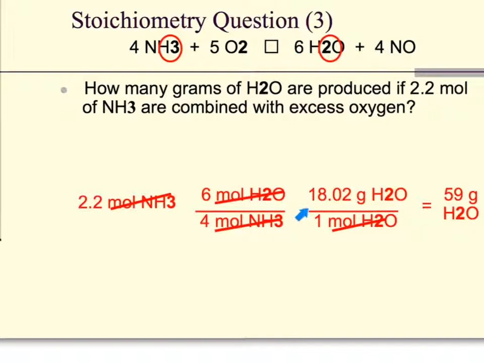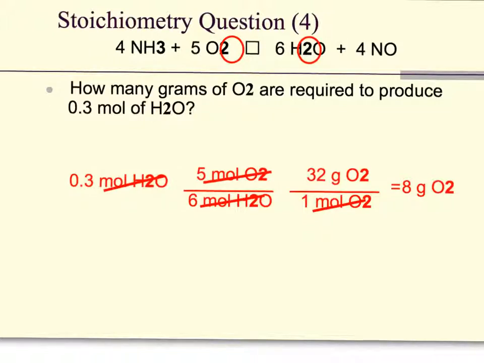We multiply that times the weight of water from the periodic table. 2 hydrogens each weigh 1, 1 oxygen weighs 16, 2 plus 16 gives us 18 over 1 mole of water. We cancel out our units. We would have an answer of 59 grams of water.